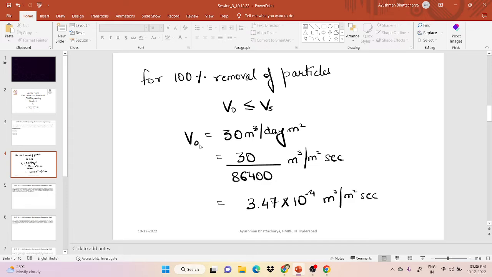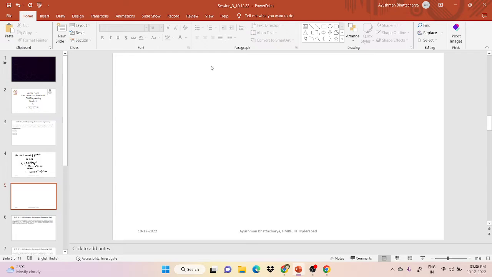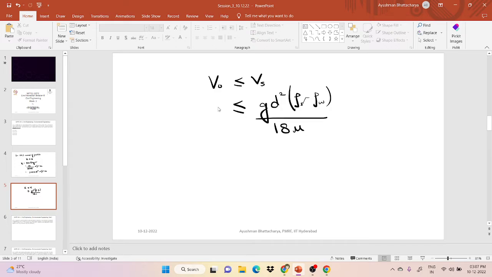Knowing the overflow velocity, now we have to calculate the settling velocity. Overflow rate should be equal to the settling velocity. The settling velocity formula is g d square, where d is the diameter of the particle, times rho s minus rho w, divided by 18 mu. The value of overflow velocity which we calculated just now, we will put in later.